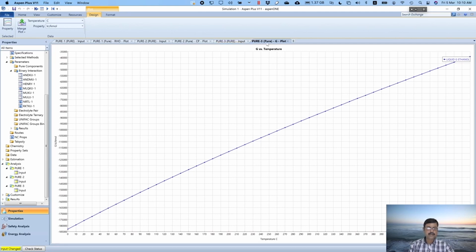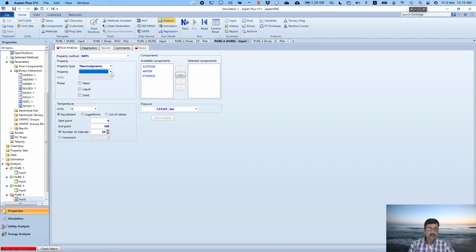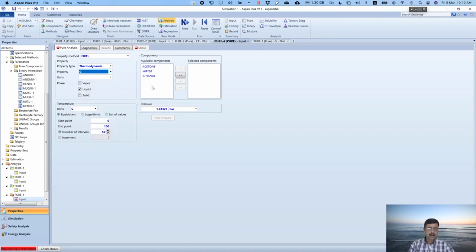Okay. Now you can always plot these two graphs in the same one. So for that you have to add in the pure once again. So bring in pure once again and bring in G. Ethanol, 500, and this is 1 bar.